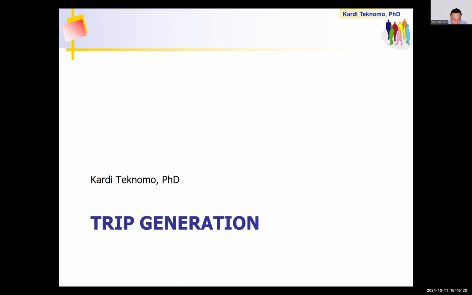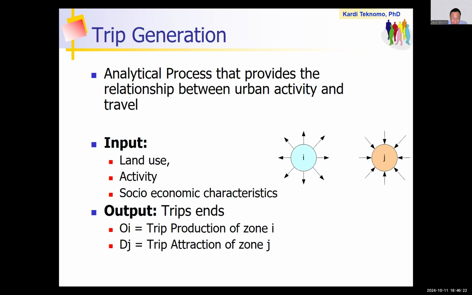Now, trip generation is the analytical process that provides the relationship between urban activities, land use, economic activity, and travel. So this is the meaning of trip generation. In this case, there are several inputs.